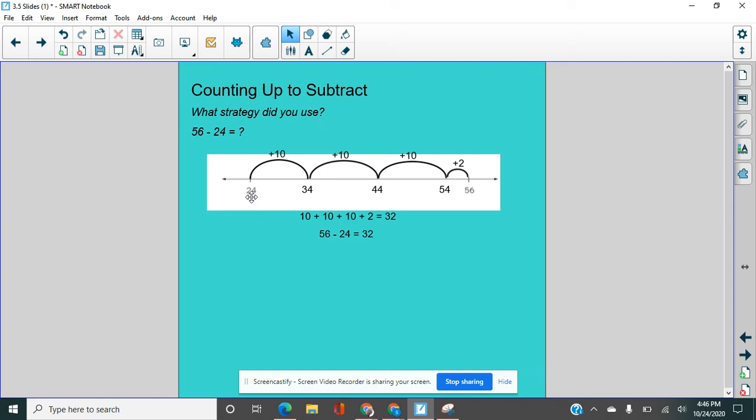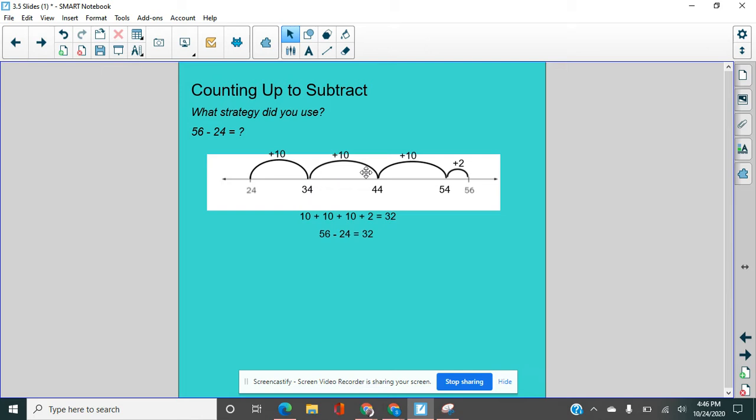Okay, so if we start at 24, right? And this is going to be using jumps, just like we did when we were doing time. Remember how we did those open number lines? These ones aren't open at the end because we have a number we want to get to. But when we want to know the difference between 56 and 24, we can start at 24 and do a jump of 10, and that gets us to 34.